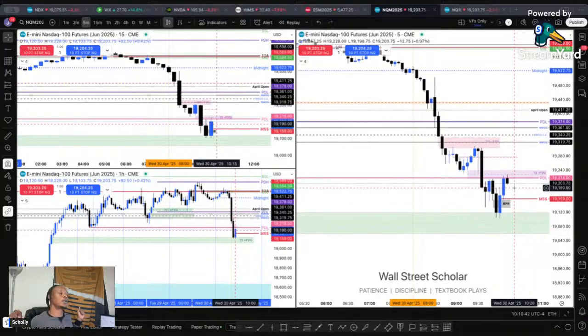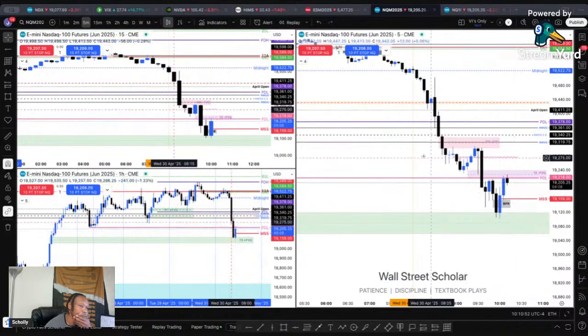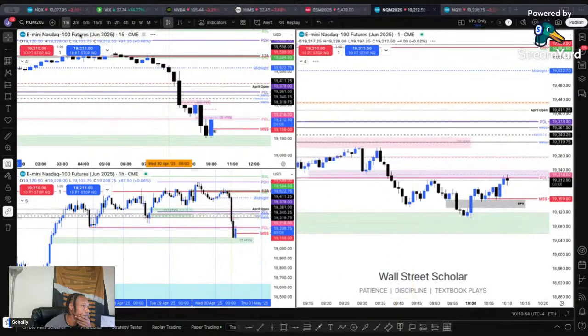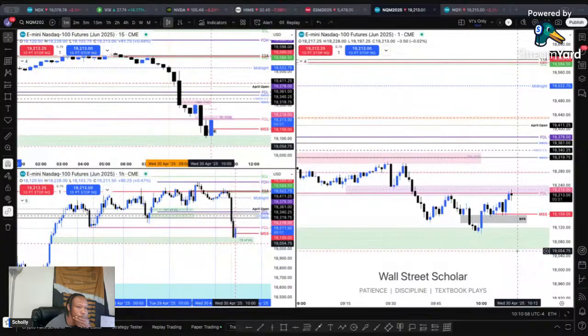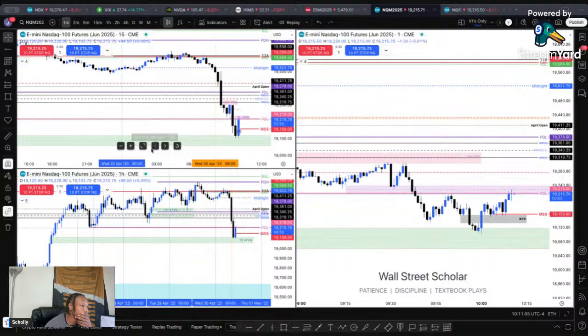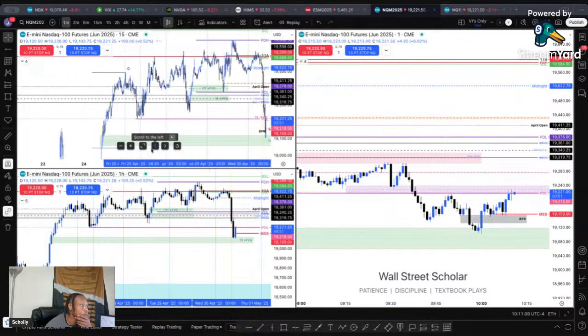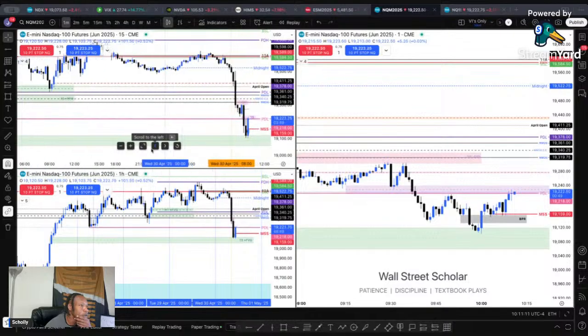Any shift they give you on the time frame, as soon as they shift, they're going into a bearish gap. We did hit all the targets, all our sell-side targets.